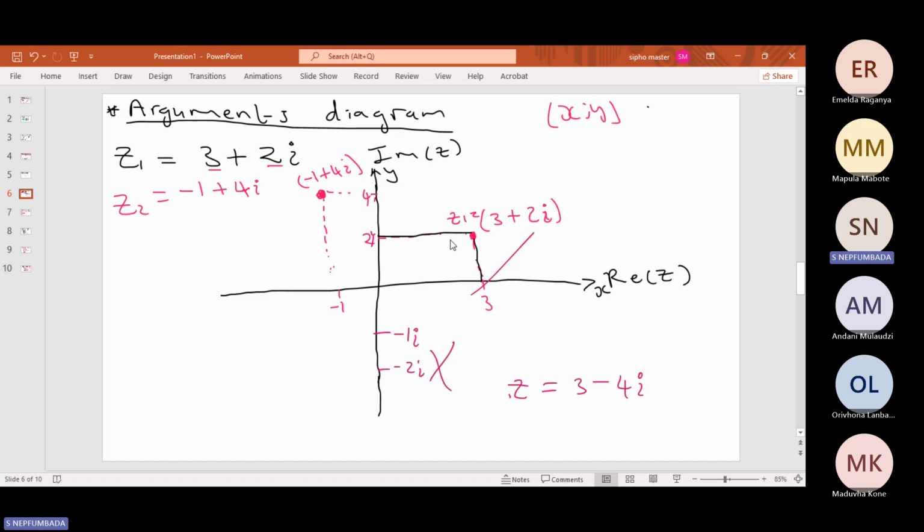On the imaginary? No. We write it when we are plotting it. Oh. Okay.